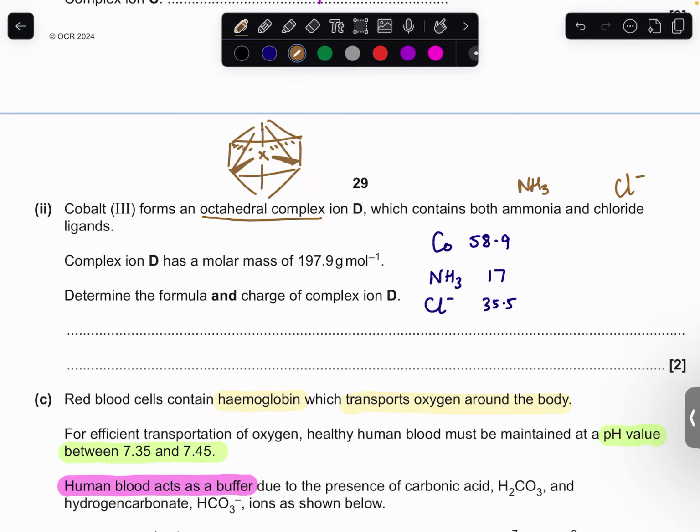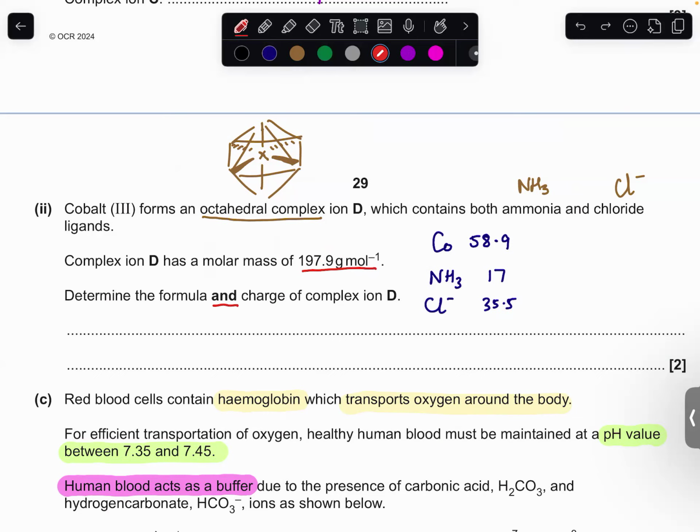Complex ion D has a molar mass of 197.9. Determine the formula and charge of the complex ion D. Looking at the numbers, the fact that we see 9 means that the number of chloride ions is going to be an even number, because otherwise we would have got a 4 as the first decimal place.